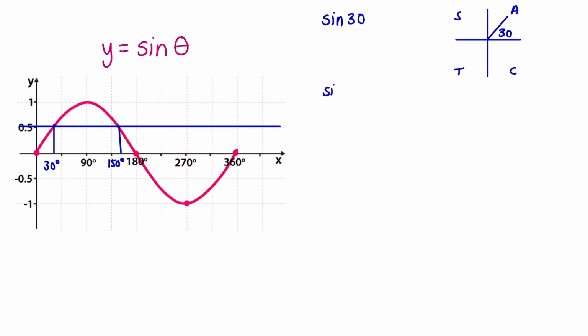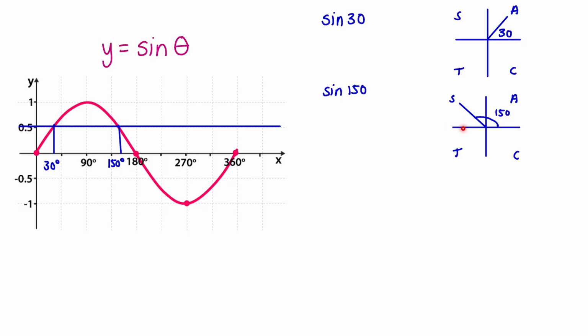If I then look at sine 150 degrees, I draw up my unit circle with All Stations To Central. Notice that 150 degrees is probably here. But notice that there's this little gap just here.